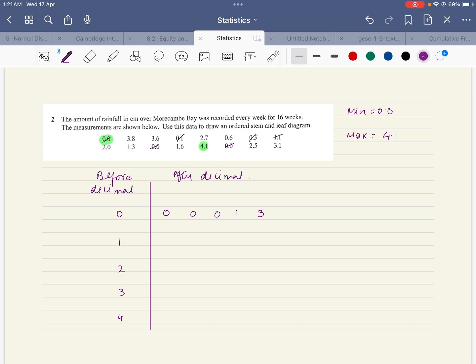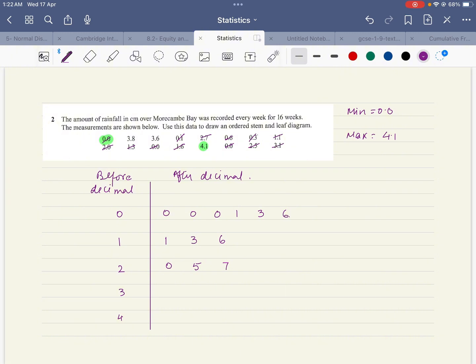We have 1.1. Then we have 1.3 and then we have 1.6. Coming to 2, we have 2.0. We have 2.5, 2.6. Then we have 2.7. That's it for 2.